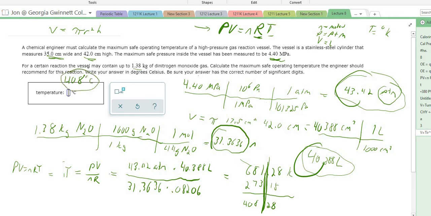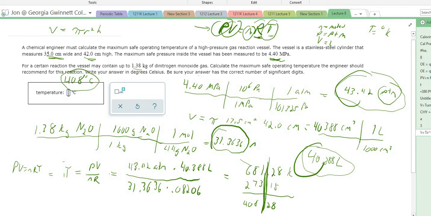So that's how you do these. Remember, the trick is that we're doing an ideal gas law problem. We need to convert everything, and that's kind of the pain. I know it's a pain, and I wish they wouldn't do that all the time. But we do have to convert these into the precise units: pressure has to be in atmospheres, volume has to be in liters, n is moles, and temperature has to be in degrees Kelvin.